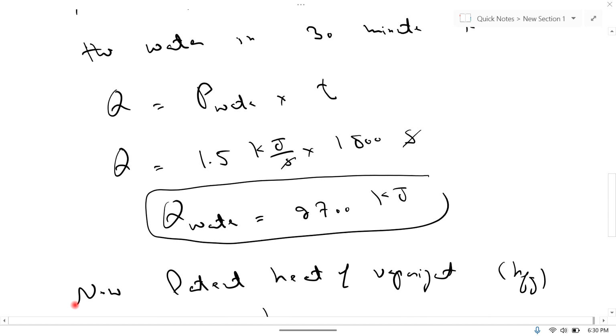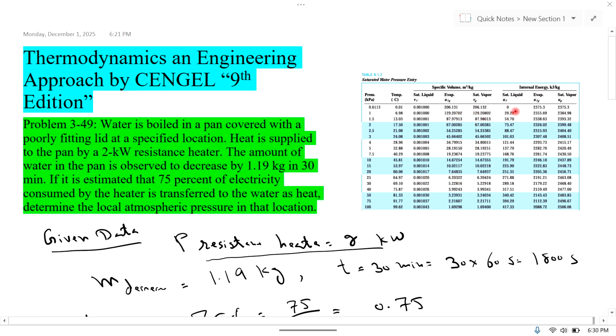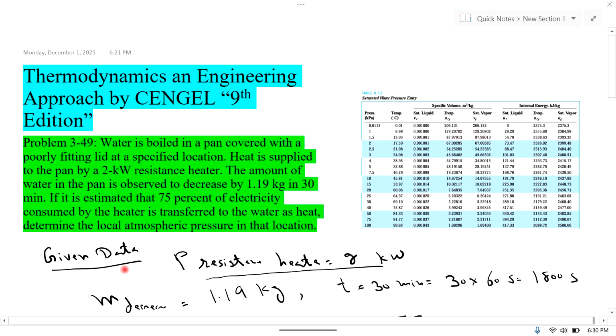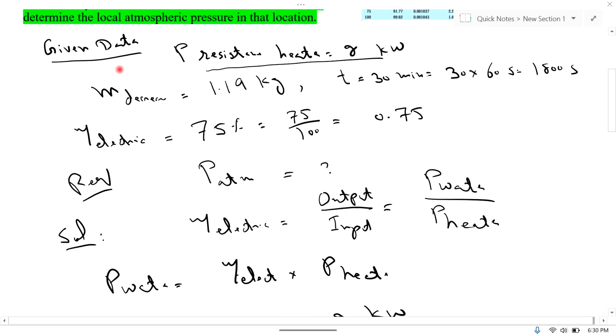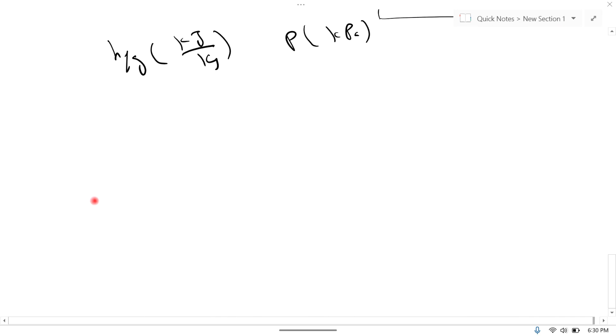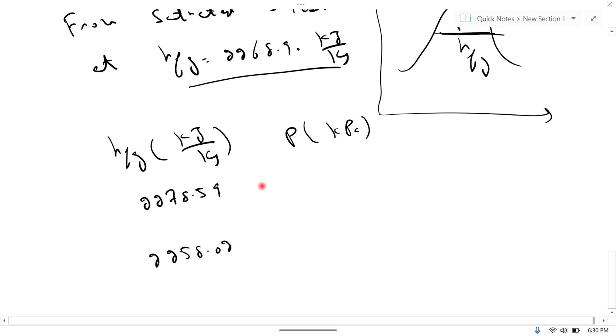So if we check the steam table, h_fg is not available in this table, but two values are available, 2278.59 and 2258.02, and we have to find the pressure at 2268.9.